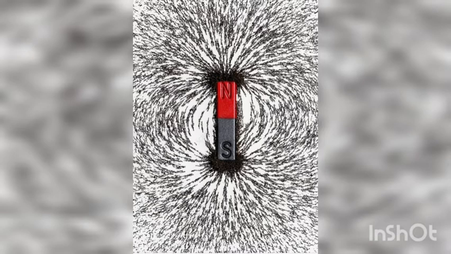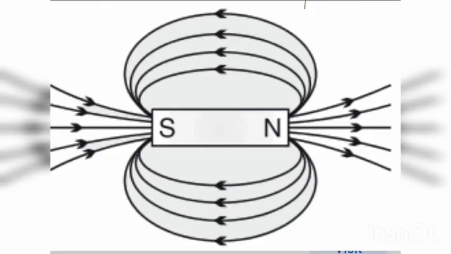Gently tap the cardboard sheet, and we can observe that the iron filings arrange themselves under the influence of the magnetic field of the given magnet. We conclude from this activity that a magnetic field exists around a magnet.